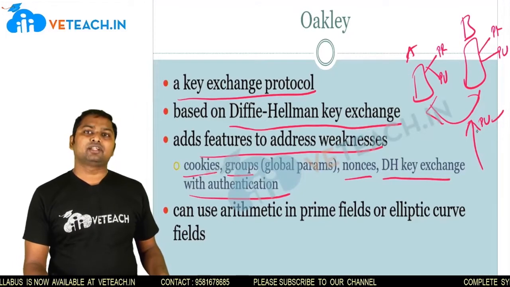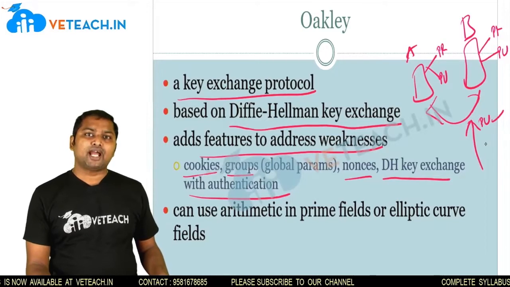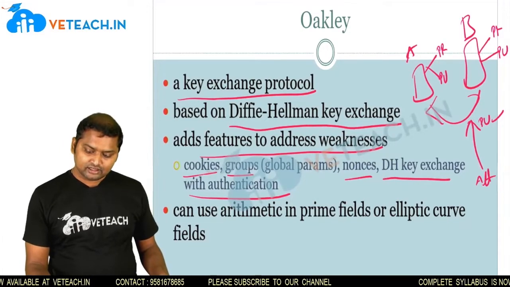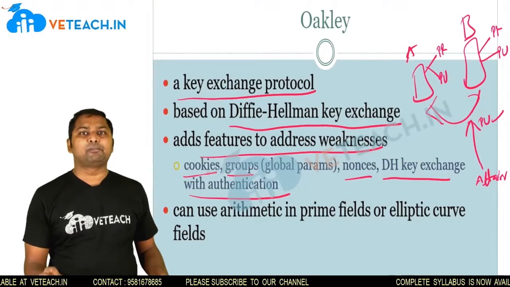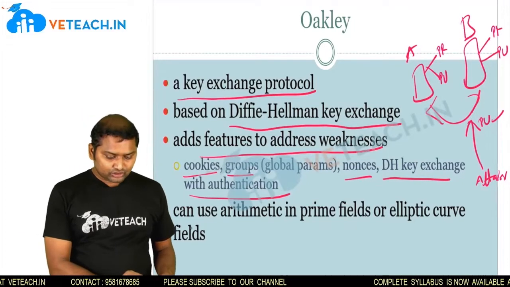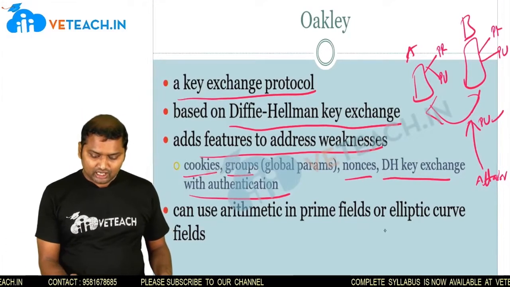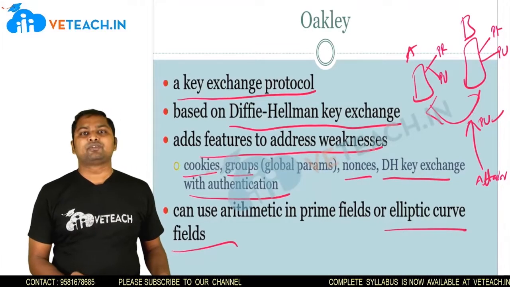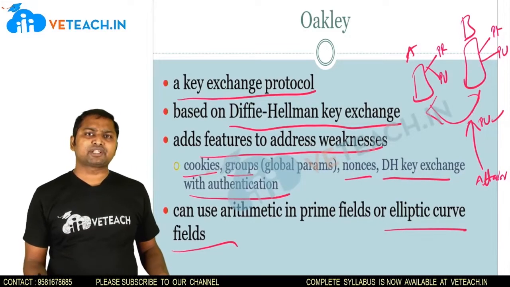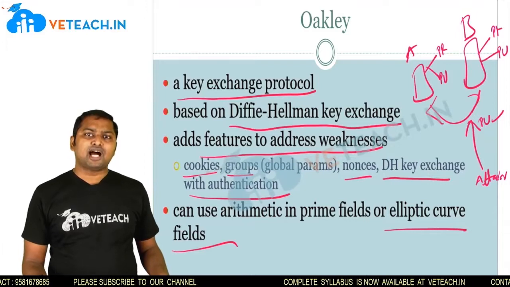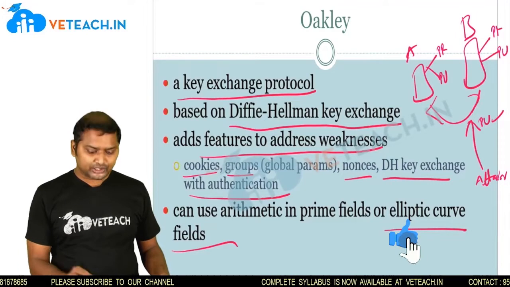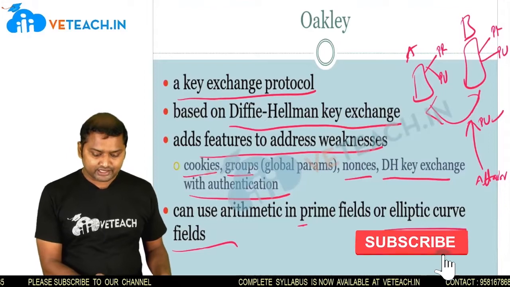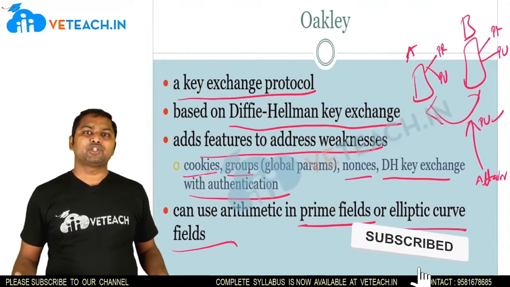That's why they cannot touch the private key, they can touch the public key only. So you can use arithmetic in prime fields or elliptic curve fields. That's why when you are taking variables, you always take a positive integer, that too in prime fields, that means prime numbers only.